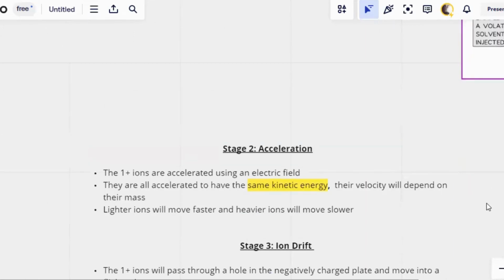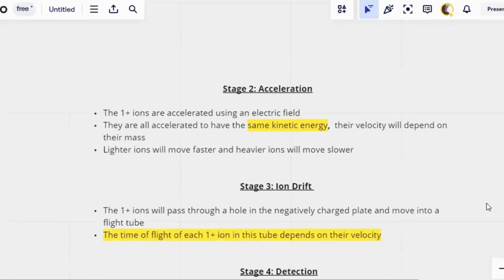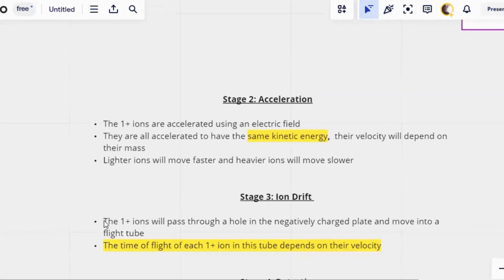Let's talk about the third stage, which is the ion drift. What happens in this stage? The positive ions will pass through a hole in the negatively charged plate and move into the flight tube. This is where the name time of flight comes from.